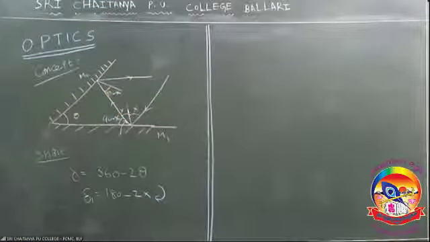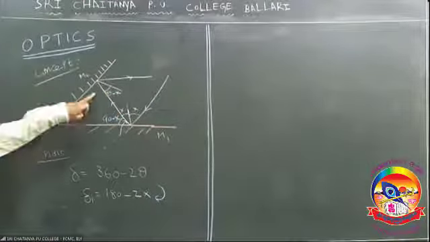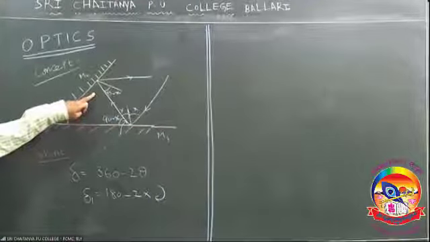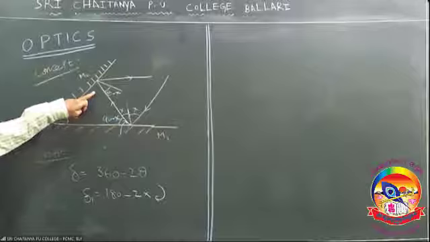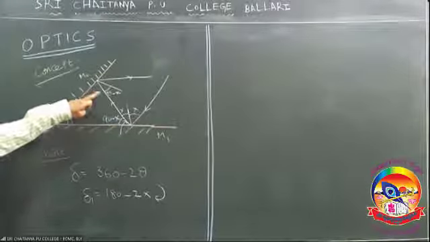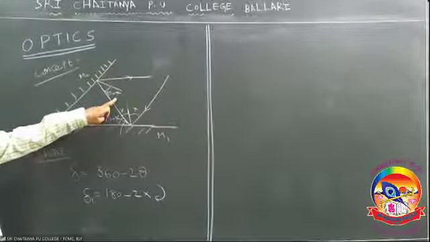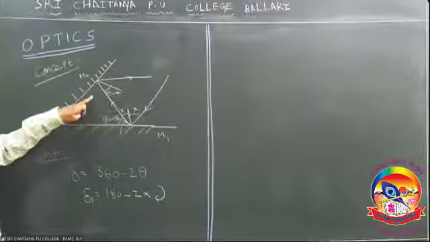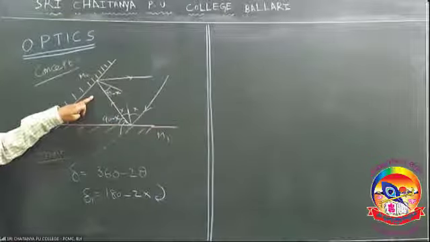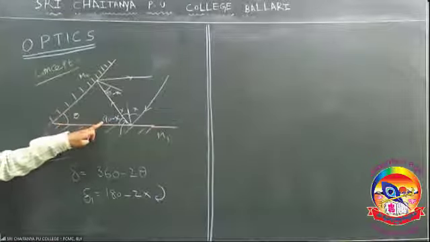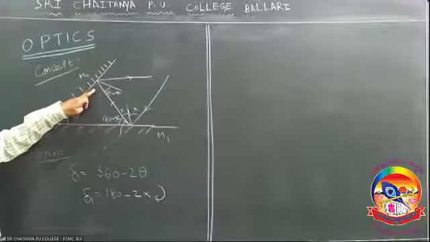That is the angle of incidence. I will calculate this angle and subtract from 90, and I will get theta minus x. If I write it down, confusion, that's why I'm not writing. This plus this must be equal to 180.